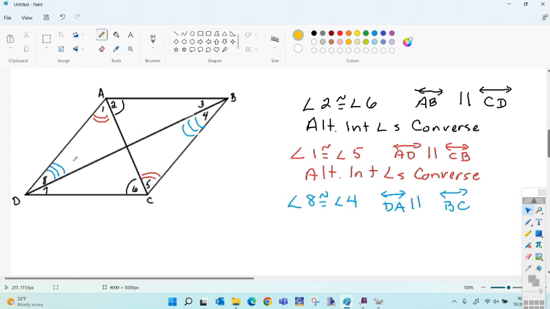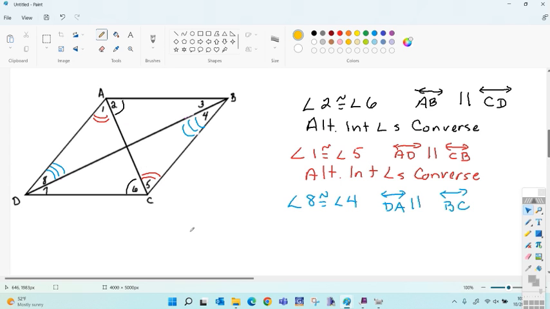They are inside of the parallel lines, and they're on opposite sides of the transversal, so that makes them alternate and interior. Not all of them were interior; some were interior, some were exterior, some were corresponding, so we've got various things happening on that one.